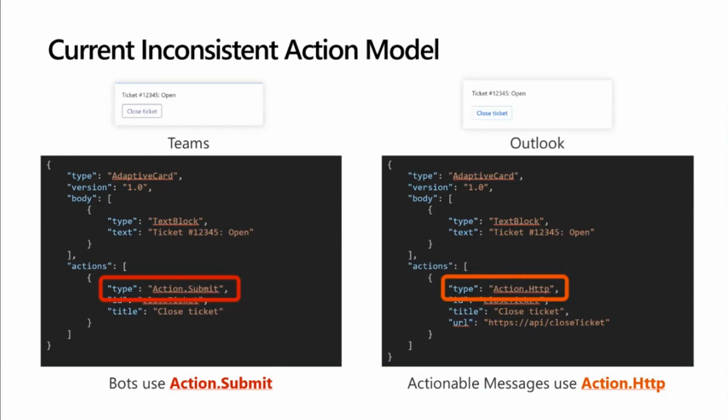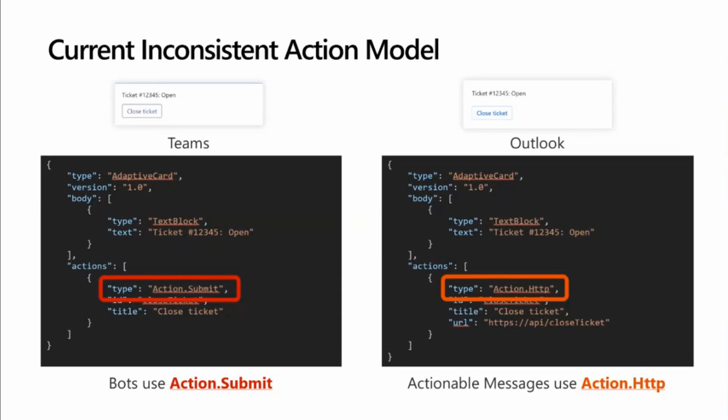You click submit, and each host, be it Teams or your own apps, basically has to decide what submit means. And in Teams and web chat, in a bot world, a submit is a callback to your bot. They specially pack up the post, they gather up any inputs, and they create a post back to your bot, and then your bot can respond and send a new card or do whatever.